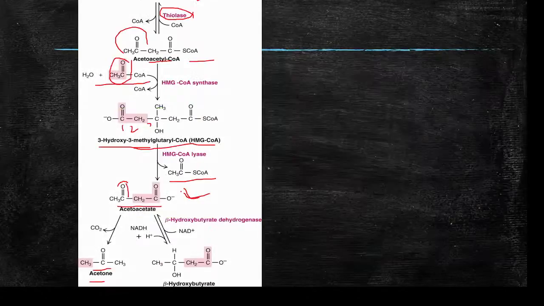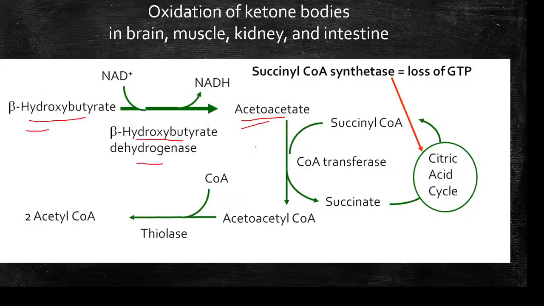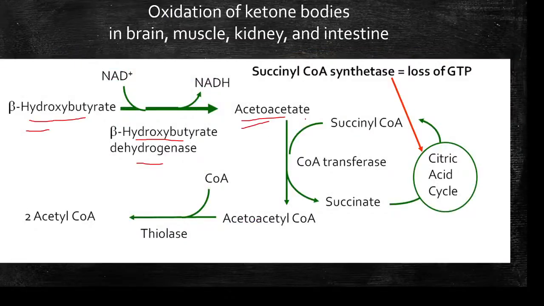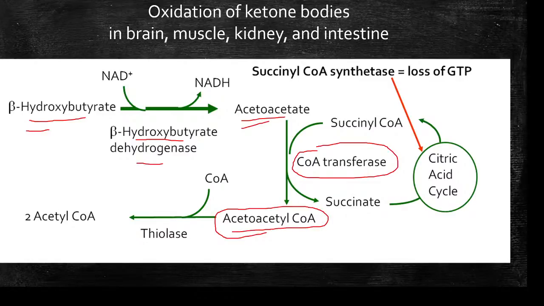Then, succinyl-CoA transfers the coenzyme A to acetoacetate by the action of the enzyme CoA transferase, forming acetoacetyl-CoA. By the action of thiolase, this acetoacetyl-CoA forms 2 molecules of acetyl-CoA.